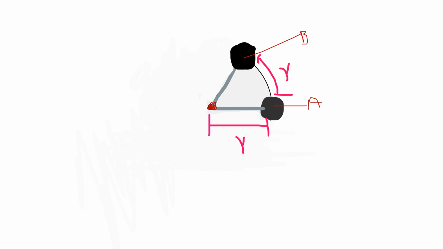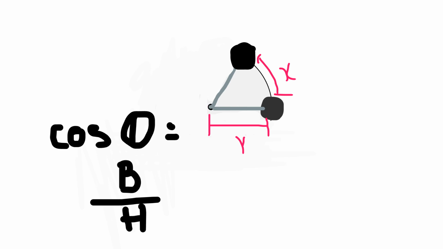The motion of this body is from point A to point B. This is point A, while this one is point B. The distance from the mean position or the central point to the body A is r, while the distance covered from body A to body B is called x. Here you have to consider the formula of base upon hypotenuse.